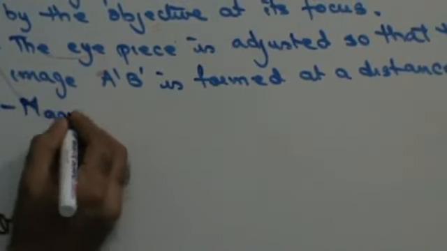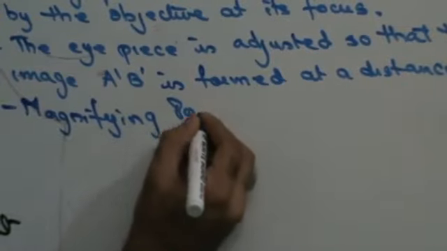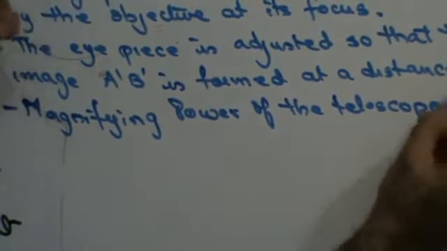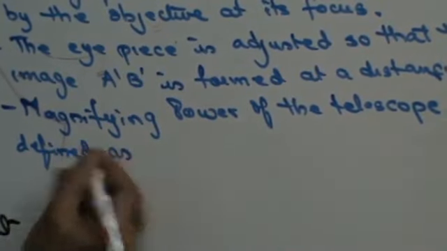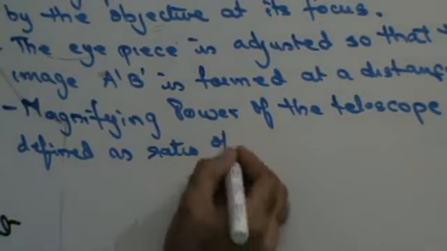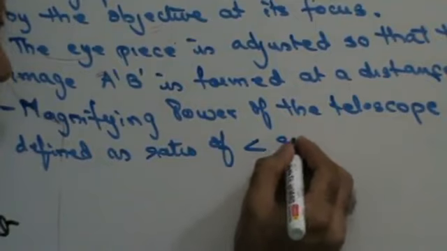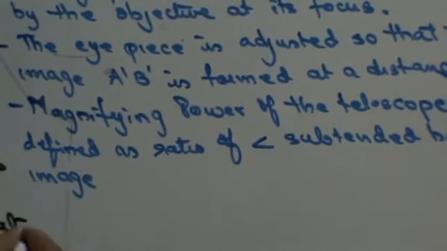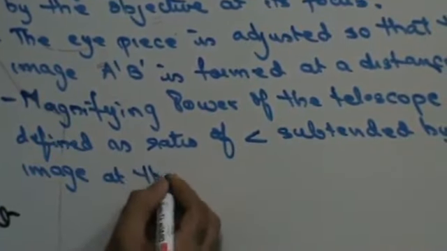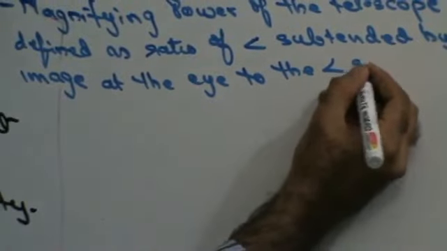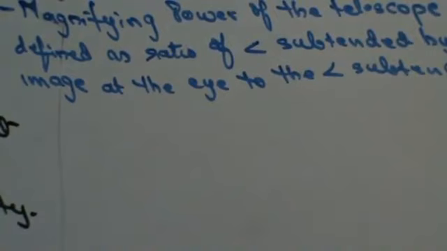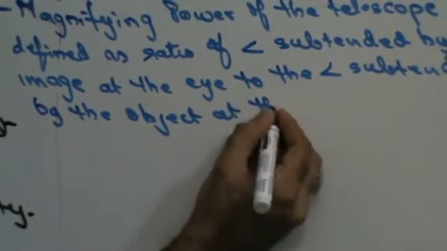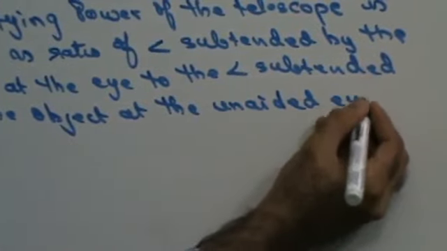The magnifying power of the telescope is defined as the ratio of the angle subtended by the image at the eye to the angle subtended by the object at the unaided eye, right?